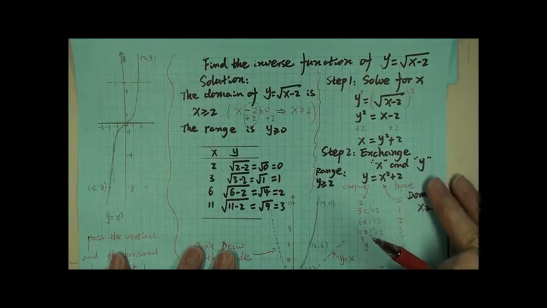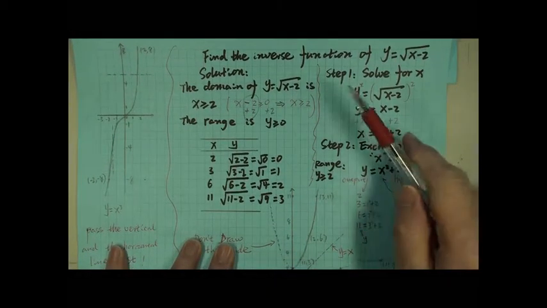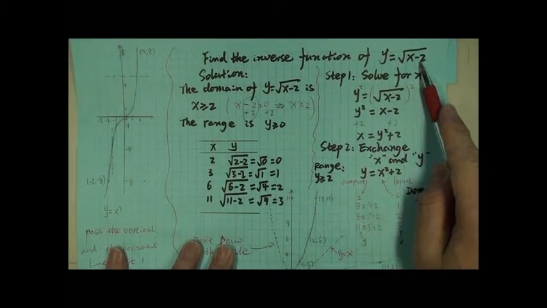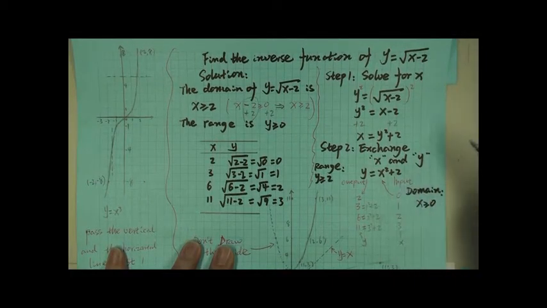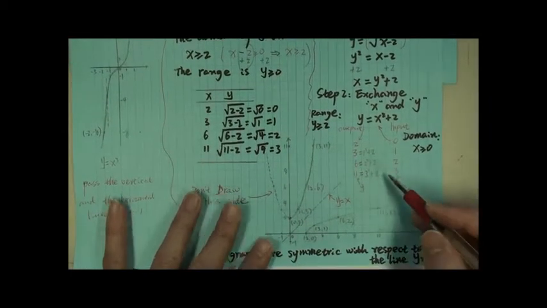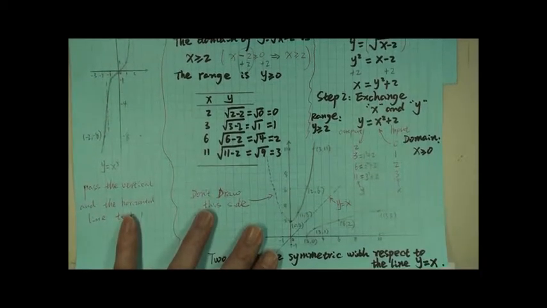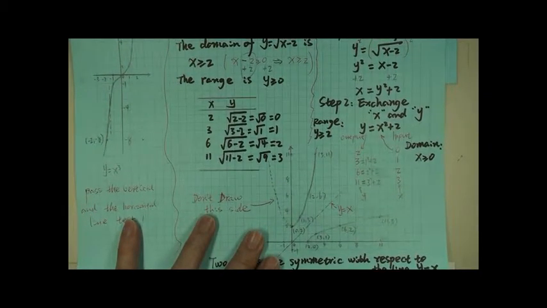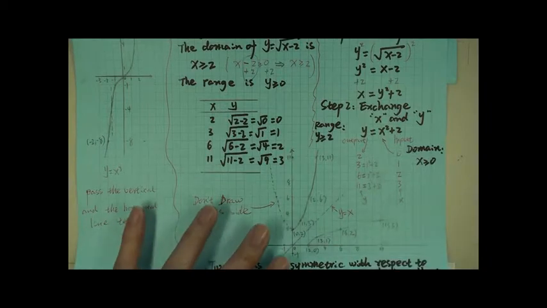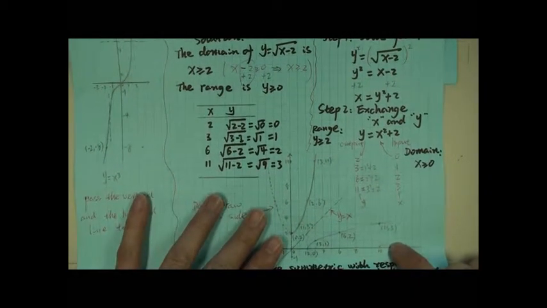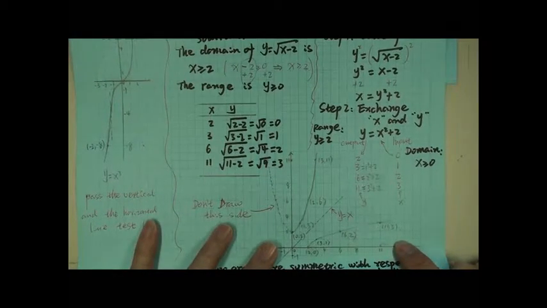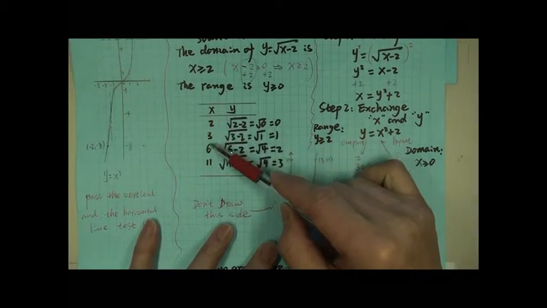Now, you may draw the picture for y equals radical x minus 2. In order to draw this picture, you want to choose different values.